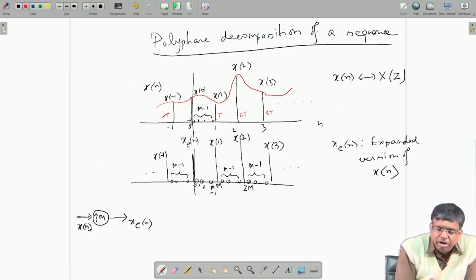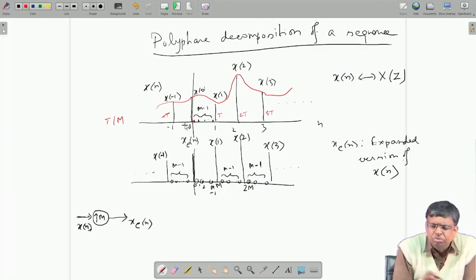Now you are creating intermediate sampling points. So the sampling period now is only T by M, but you do not have the samples, you do not know this value, because the signal came, you took samples and the signal has gone. So I am just putting 0 values. I am not approximating this waveform, I am just putting 0 values.